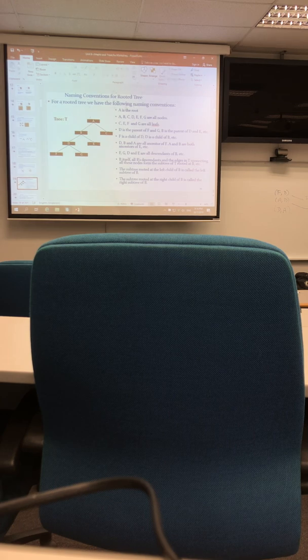For a rooted tree, we have the following naming convention. This is a rooted tree, and A is designated as the root. From here onwards, the terms are more important. A, B, C, D, E, F, G are all nodes.